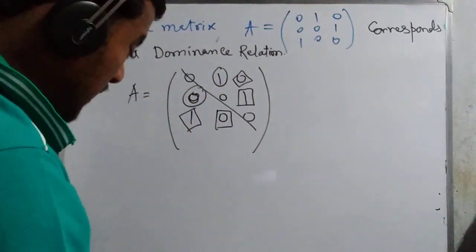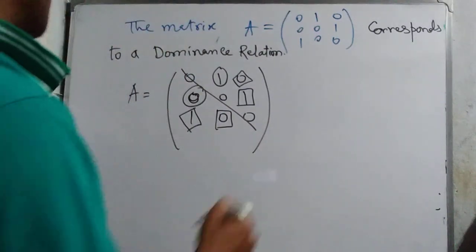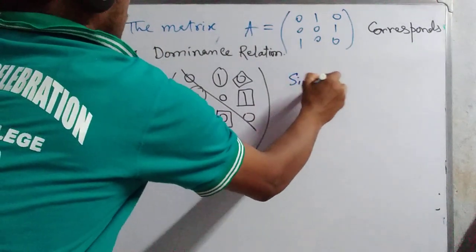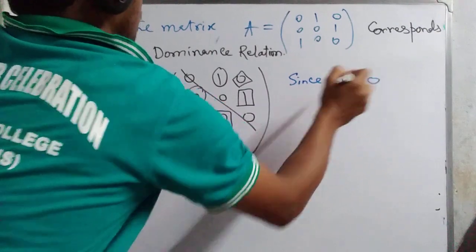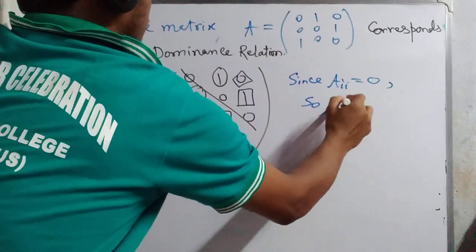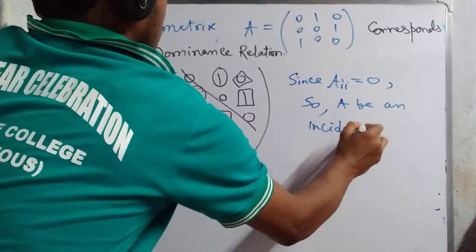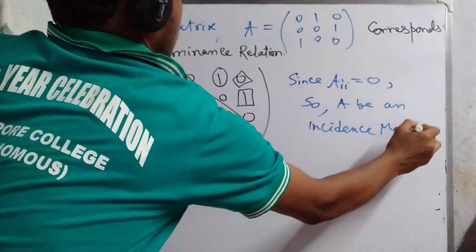So how do we write this? Since a_ii are 0, A is an incidence matrix.